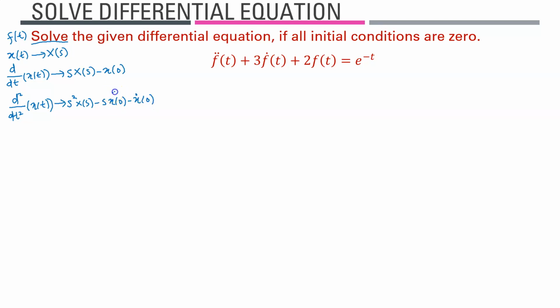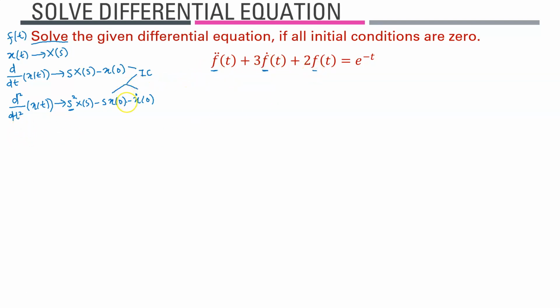These are the initial conditions. So if you have a second order differentiation like this, the s is to the power of 2 as well. Now let's have a look at this. Here we have second order differentiation, first order differentiation, and no differentiation.